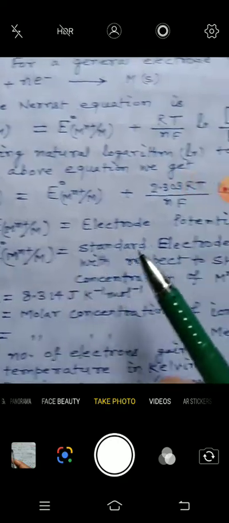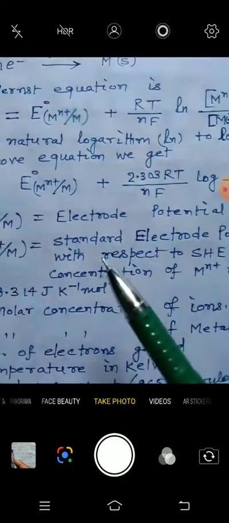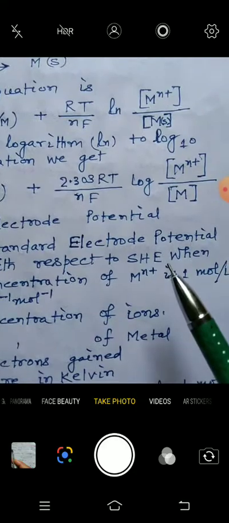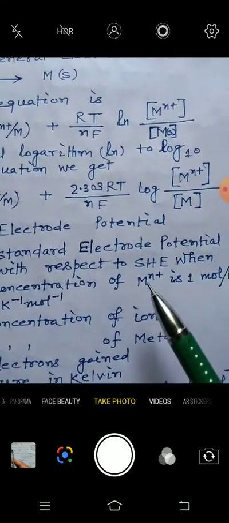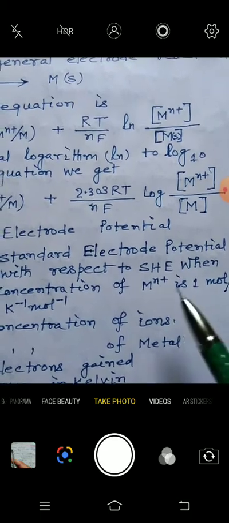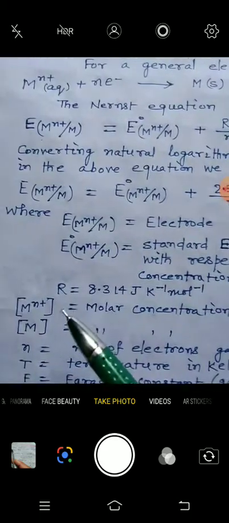is the standard electrode potential with respect to the standard hydrogen electrode when the concentration of M^n+ is 1 mole per liter.